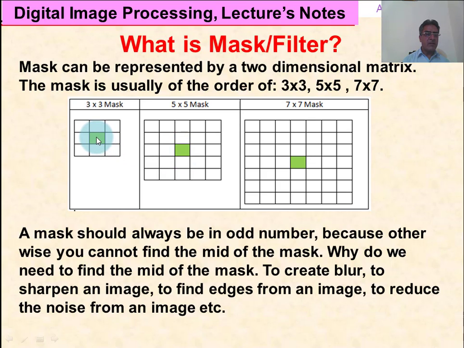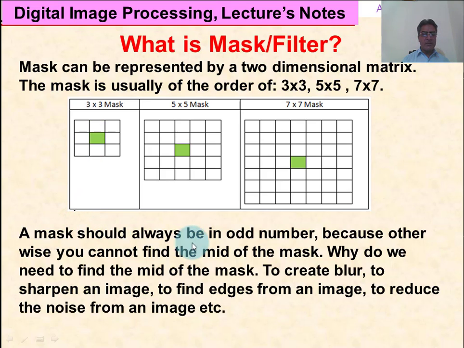We actually want to modify the value of the central pixel of an image, where we overlap this mask. We modify the central pixel of that image, and the neighboring pixels participate in the modified or enhanced value of the central pixel.